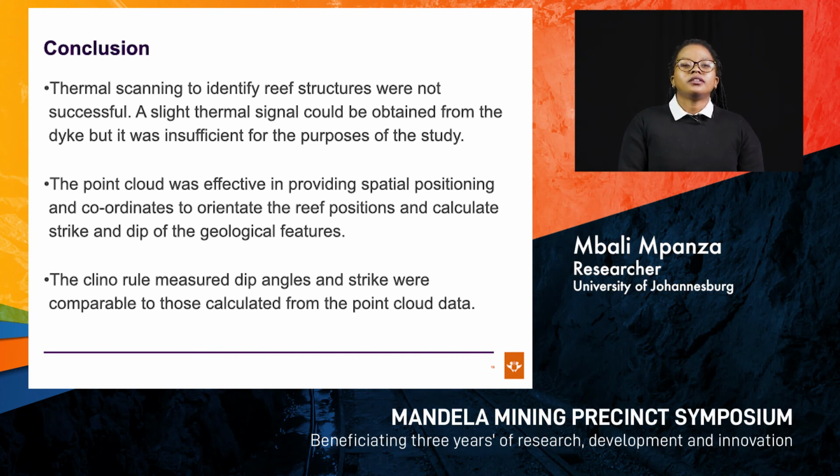But from the point cloud data, we were happy that you can get spatial positioning and coordinates of your reef contacts. You can calculate your dip and strike without physically being at that working place or measuring the dip and strike with your Kleiner ruler. Also, the Kleiner ruler measured dip angles were comparable to the scanned calculated values.